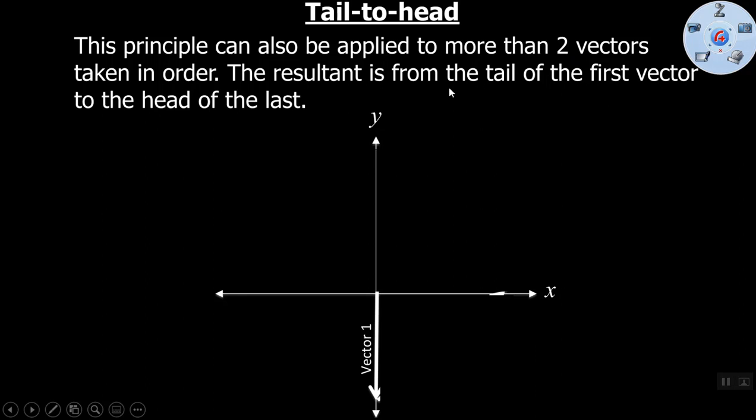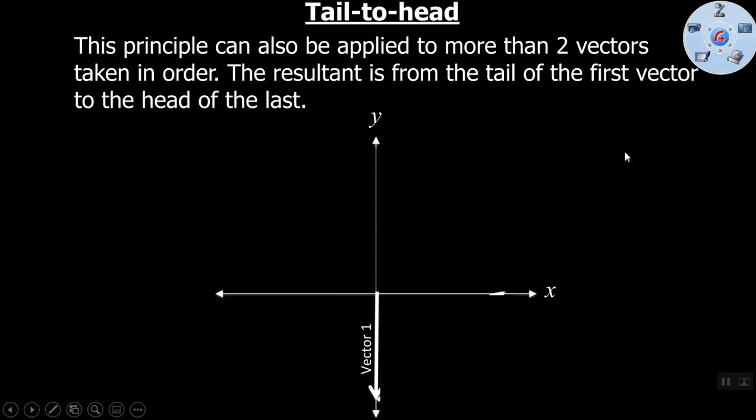So this can also be used for more than two vectors. The resultant is from the tail of the first vector to the head of the last vector. Remember, the tail is like the butt and the head is like the tip of the arrow. And I always say that's how dogs greet each other: one sticks its head and the other one's tail. So, tail to head or head to tail method.